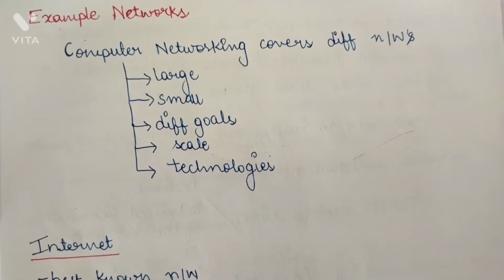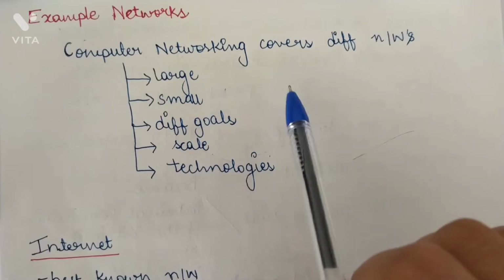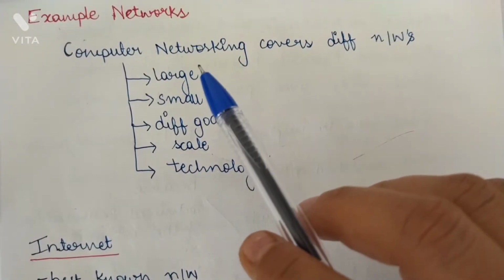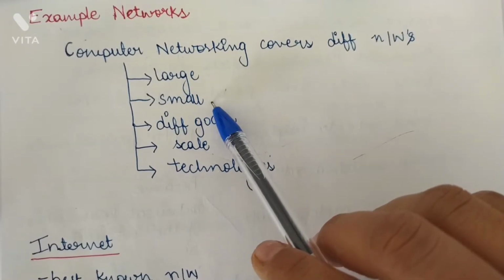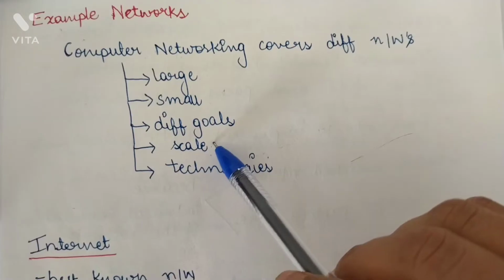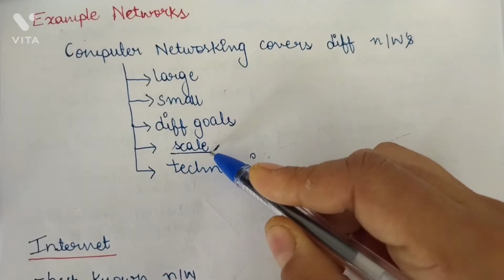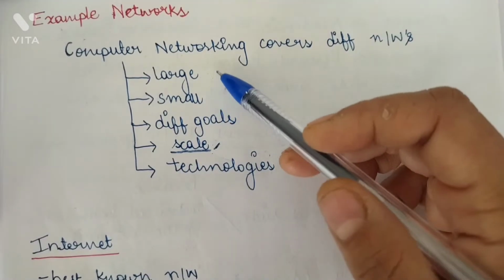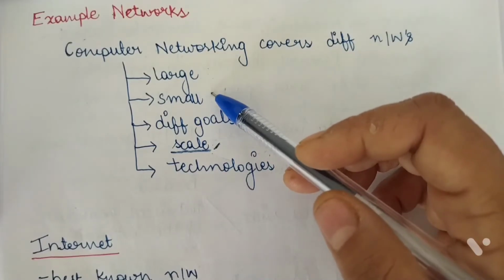over time. But to begin with, we know that a computer network covers different types of networks. They may differ in terms of how large or how small they are. The scale of a network is how large or how small a geographical area that network covers.